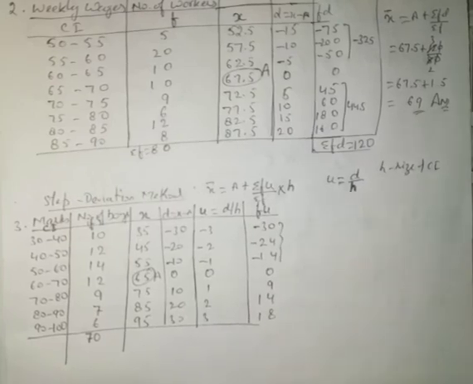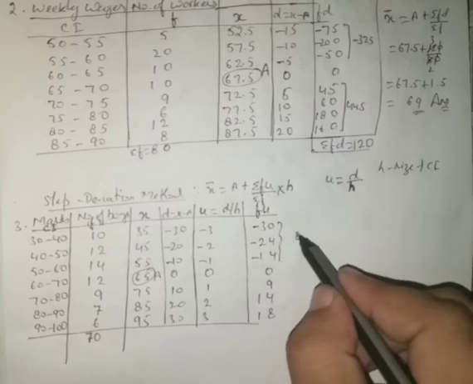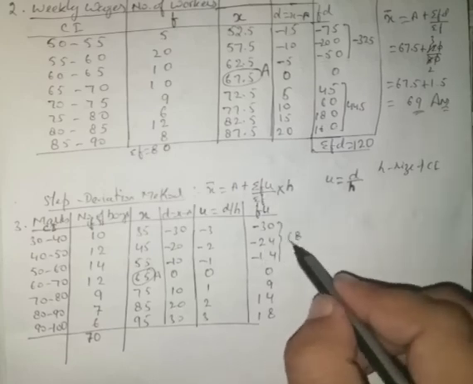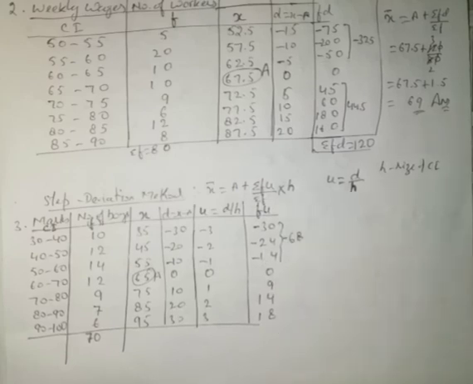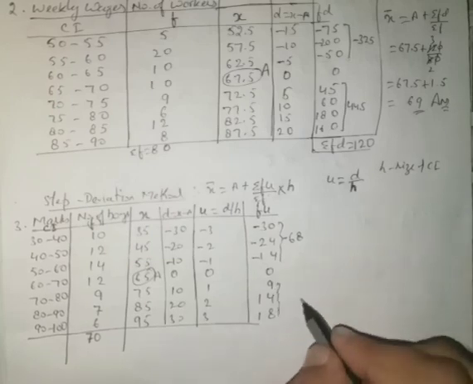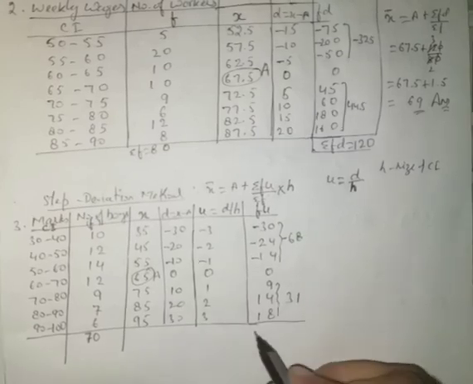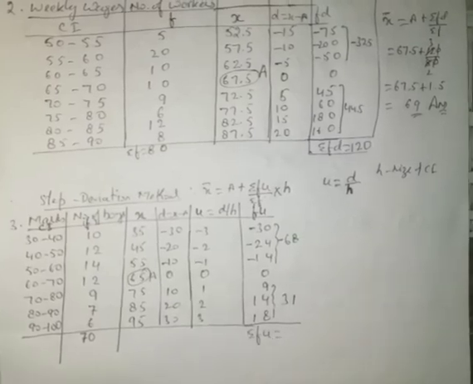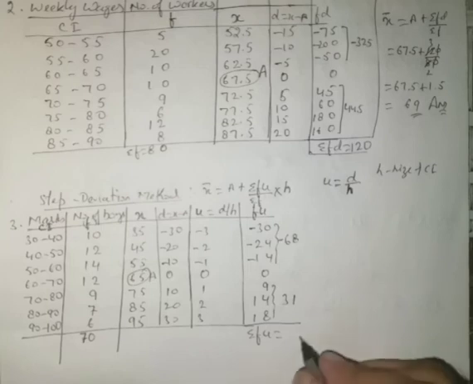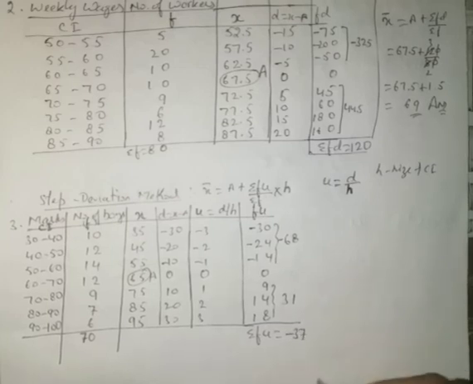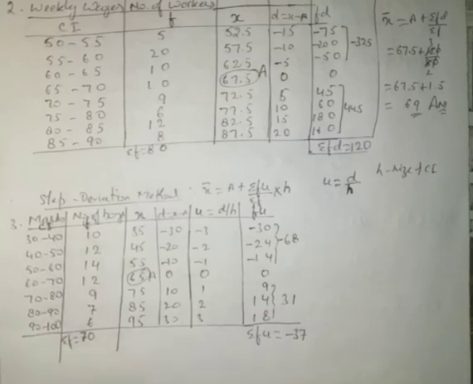Now the sum of these is minus 68, and the sum of these is 31. Now the value of summation fu is 31 minus 68, and it will be equal to minus 37. And here summation f is equal to 70.